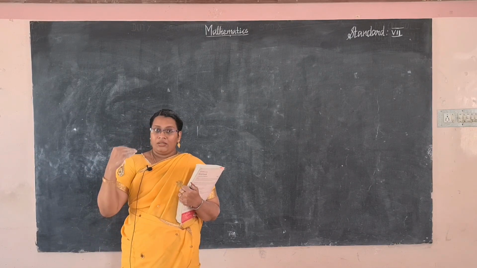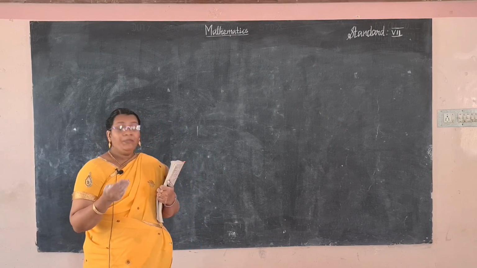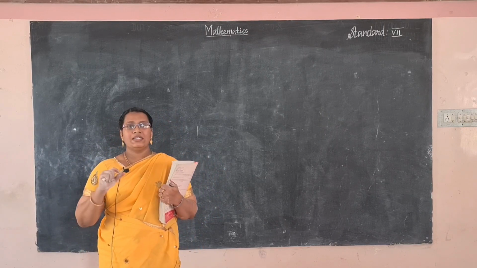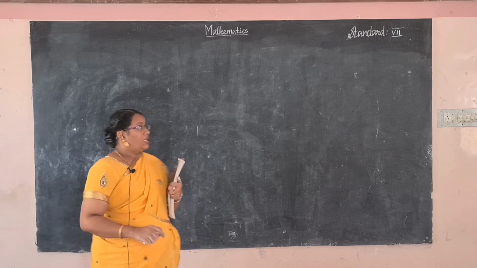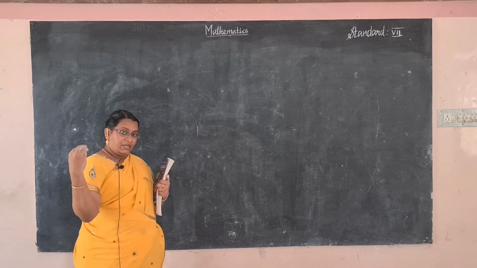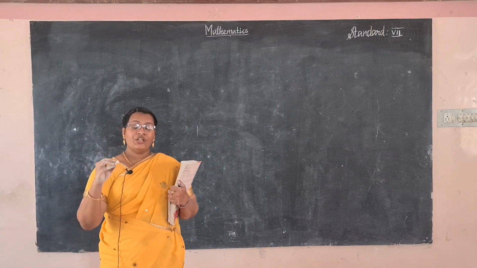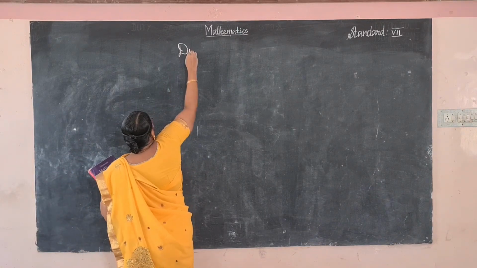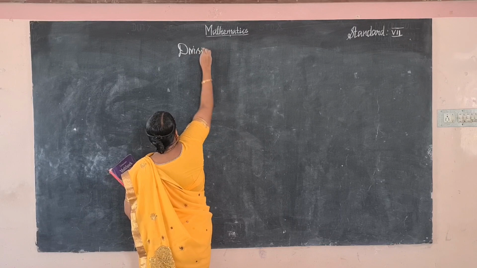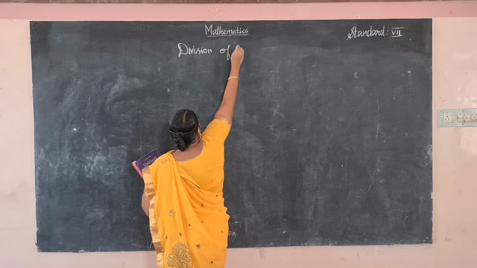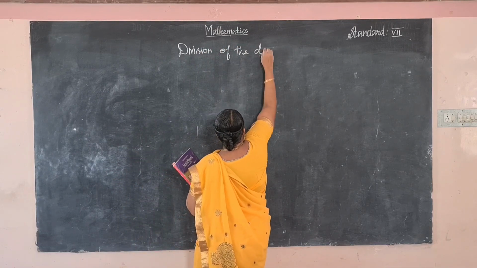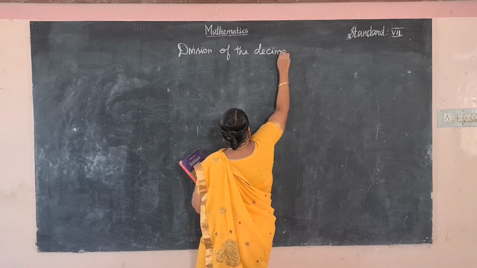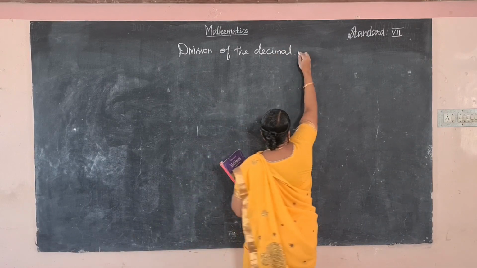Okay, and today we are going to learn about the division of decimal numbers. Okay, so last class was multiplication. In this class we will learn the division of the decimal fractions.